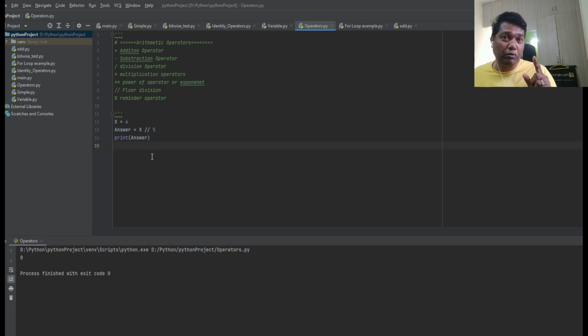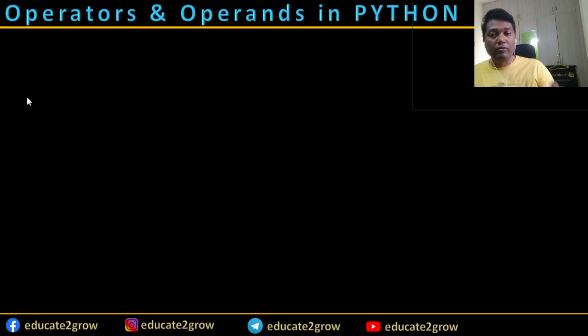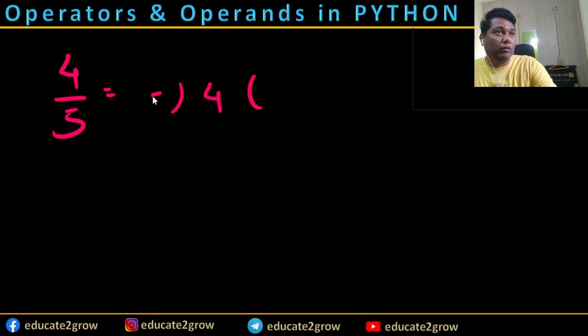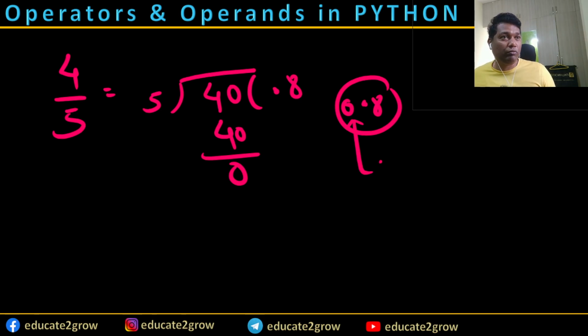I'm going to show you here how it is exactly going to work out. 4 into 5 means 4 is inside, we divide by 5, put a point, 0, and 5 into 8 is 40. So 0.8 is the answer. So 0 here is the quotient. Let's take one more question.